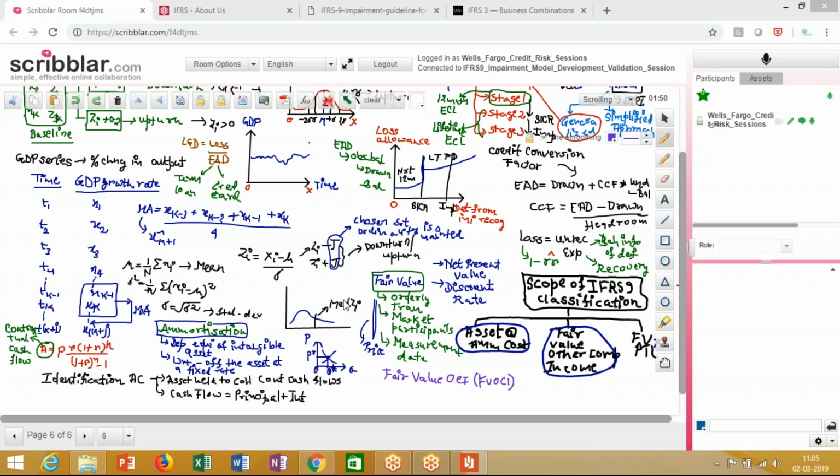So, talking about fair value through other comprehensive income. One thing you can clearly understand is what this through other comprehensive income means.